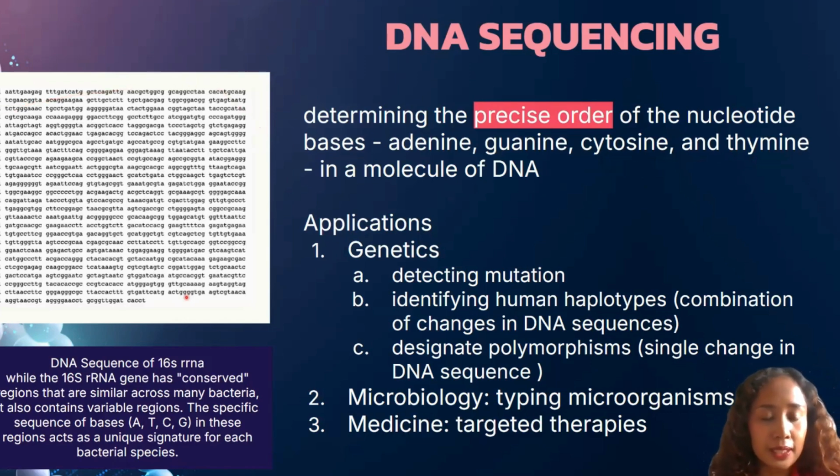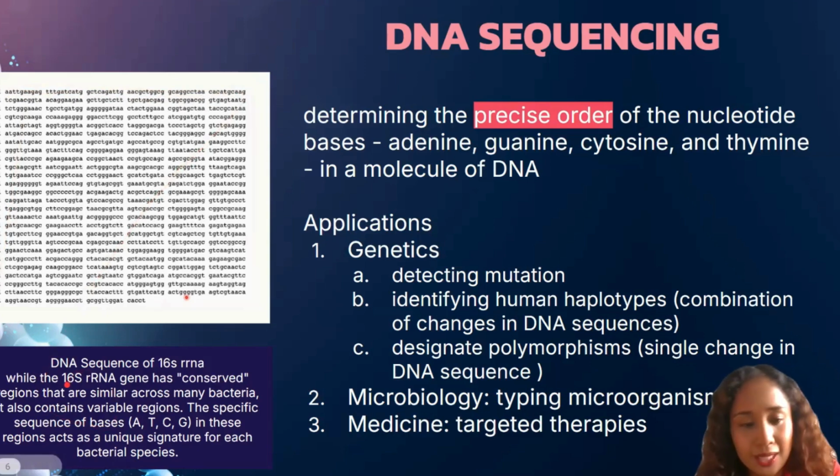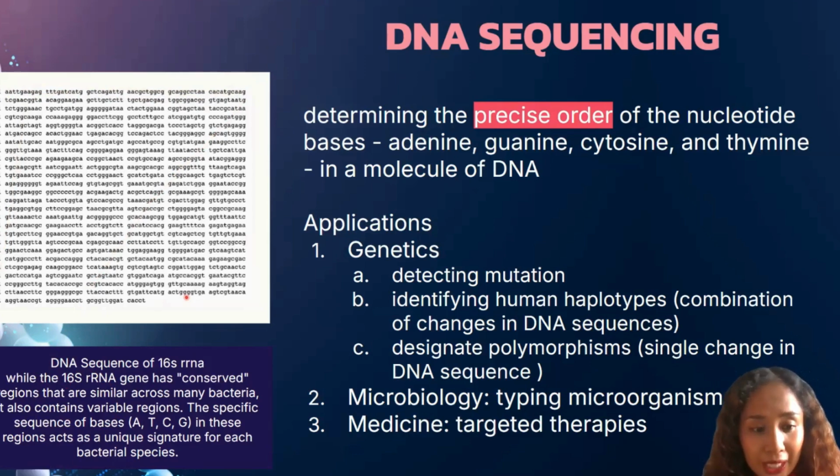For example, guys, this is the exact DNA sequence of your 16S rRNA. To be precise, it has around 1,501 bases. This is the sequence of the first 60 bases, starting AATTGAA. This is your 16S rRNA, the one that we extracted from your bacteria.